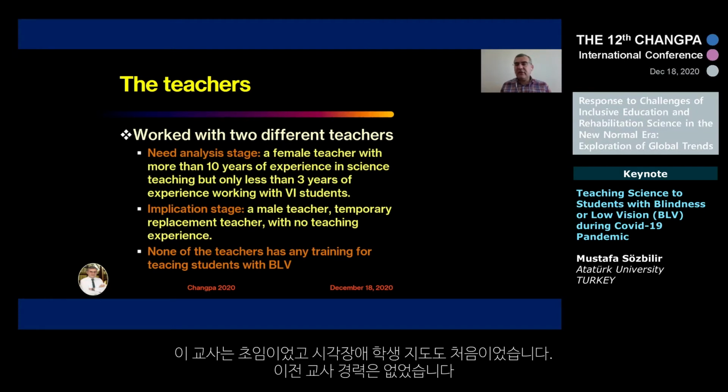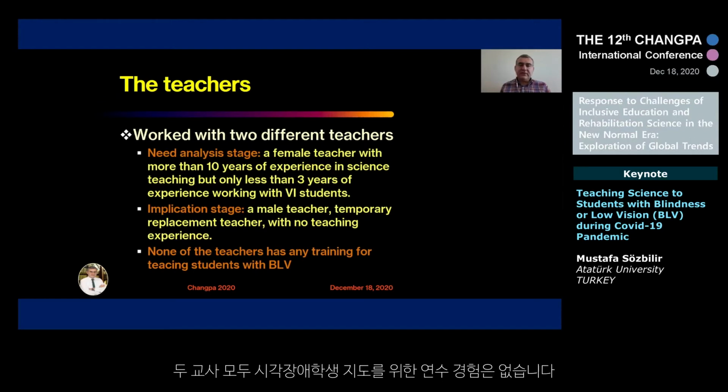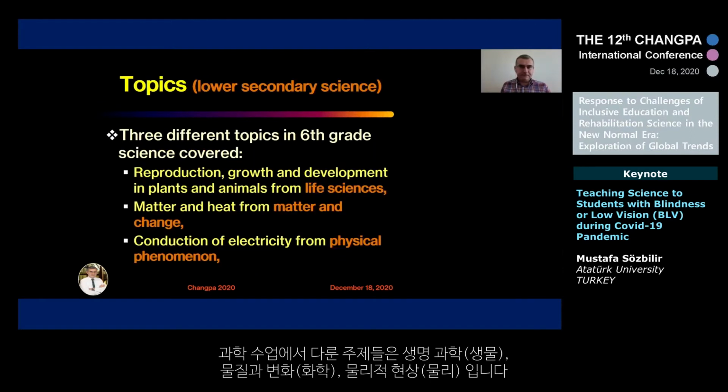It was the first time he was teaching in a visually impaired students' classroom, as well as being a new teacher. So neither of the teachers had any training for teaching students with BLV or visually impaired students.